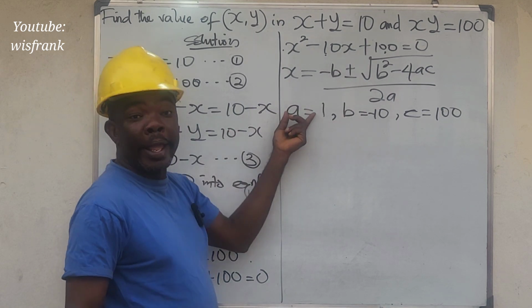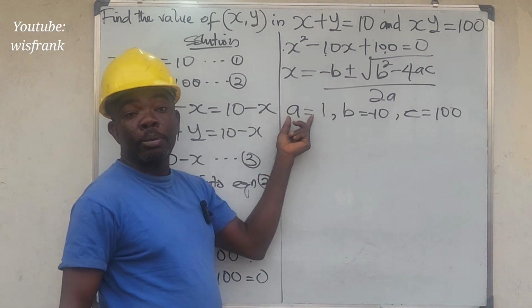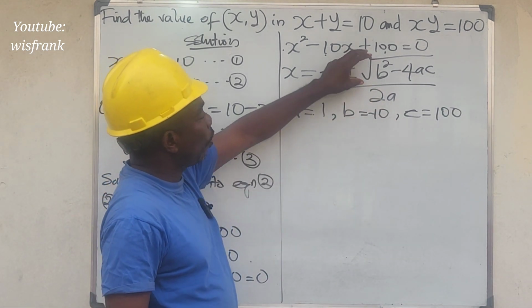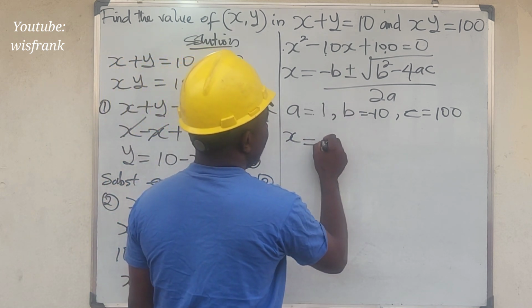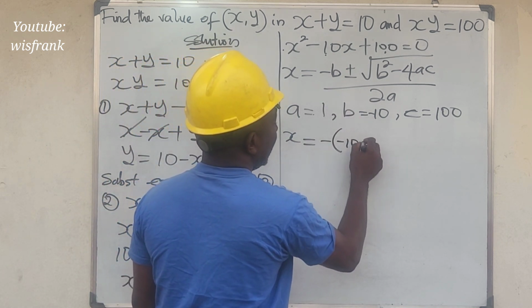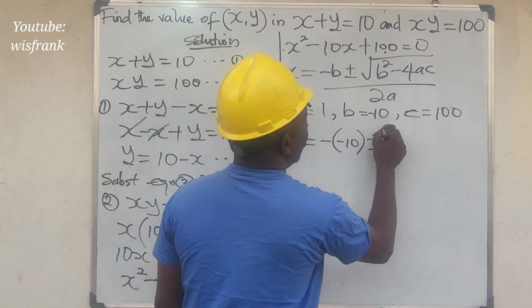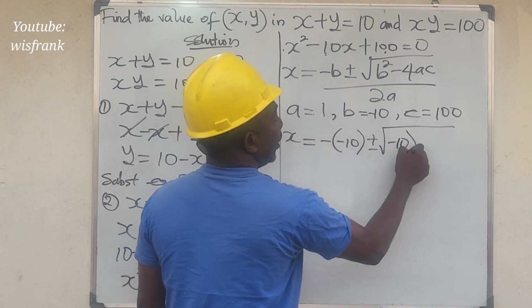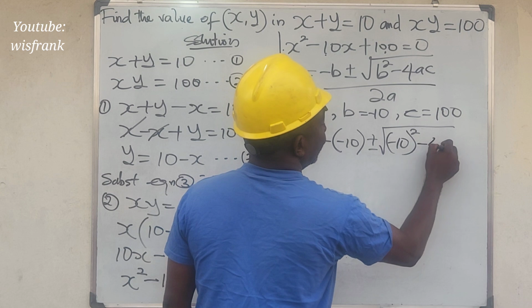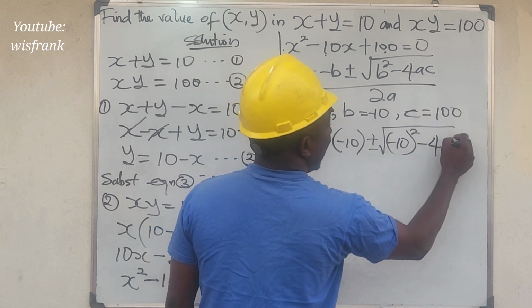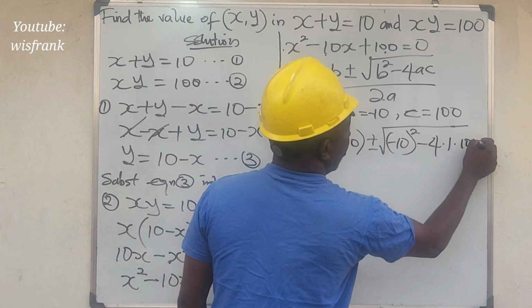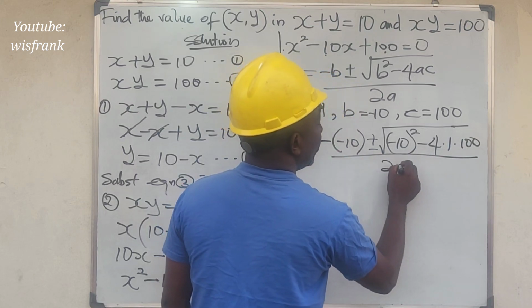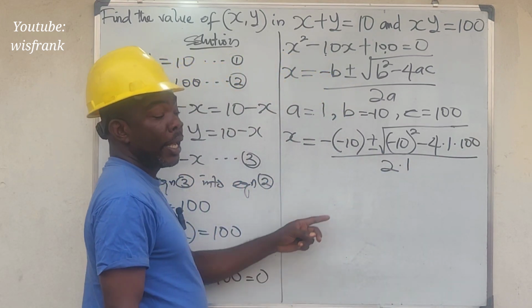So we need to substitute these parameters into the quadratic formula, where we have x equals minus b, which is minus into minus 10. Then plus or minus square root of minus 10 to the power of 2 minus 4 times a, our a is 1, times c, our c is 100, all over 2 times 1, which is a.